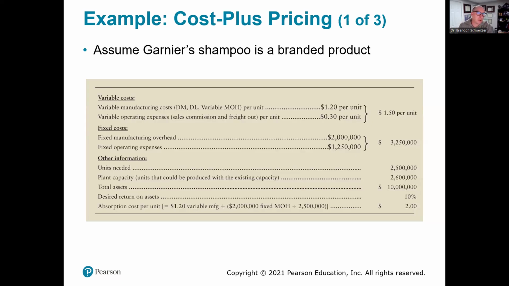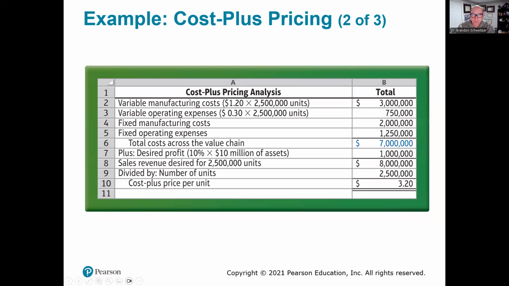So, using our cost plus approach and knowing our data, we have to first separate out our variable from our fixed costs. Variable manufacturing is the variable cost per unit times the number of units. Variable operating is the variable operating cost per unit times the number of units. And then we have our fixed costs, fixed manufacturing and fixed operating. We add all of those together to get our total costs.